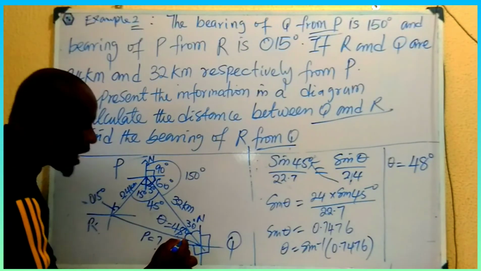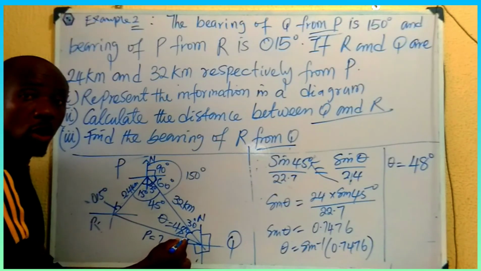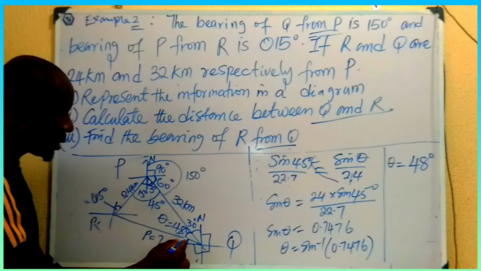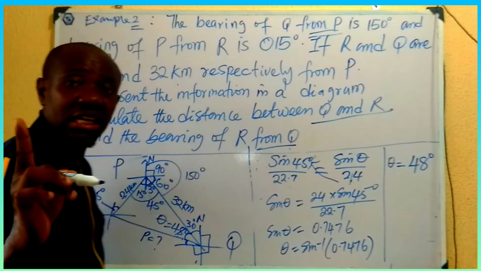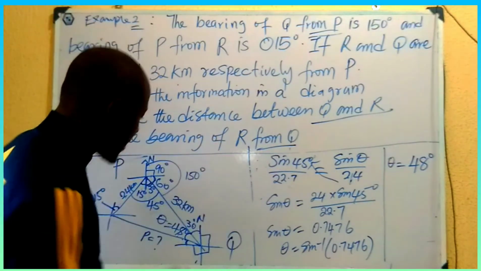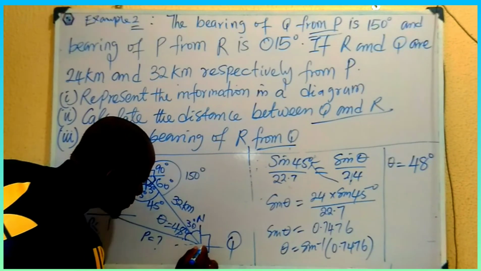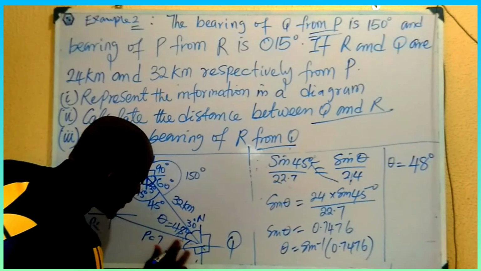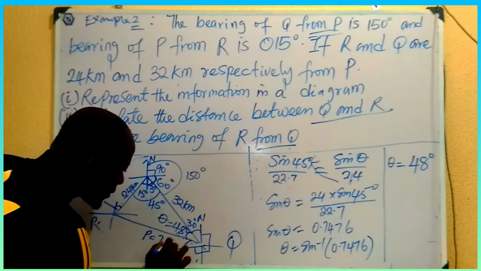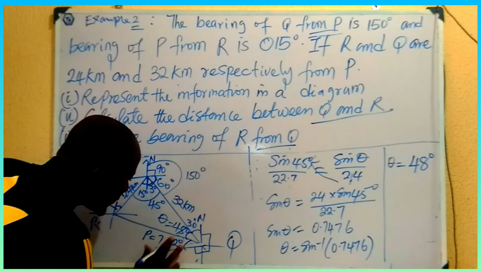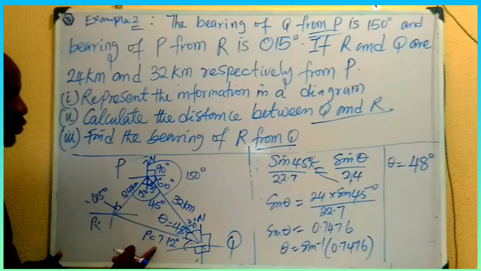But from here to here is 30 plus 48, which gives us 78 degrees. We have 12 degrees left. So that 12 degrees will be here. This angle is 12 degrees.